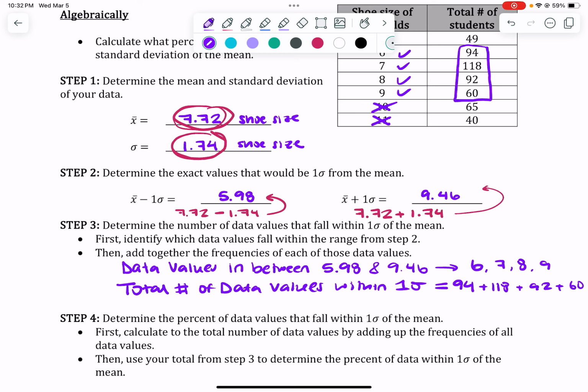Because that's how many students have a shoe size that is either a size 6, a size 7, a size 8, or a size 9. And when I do that addition, I get 364. Now that value is going to be handy later on. That's the value I'm trying to find.